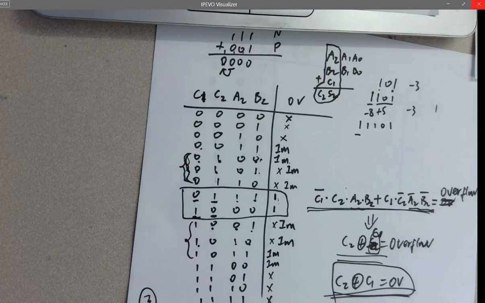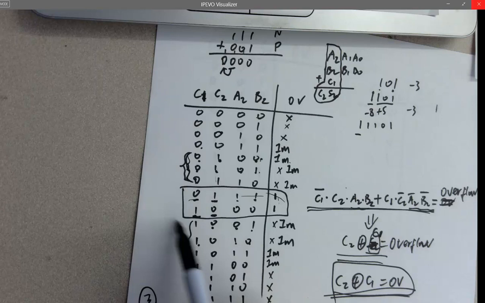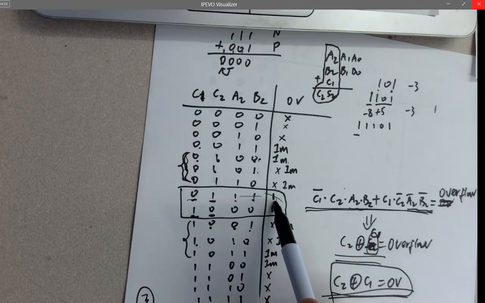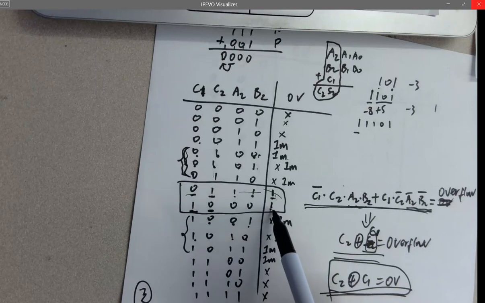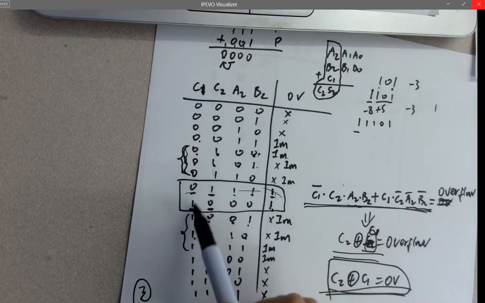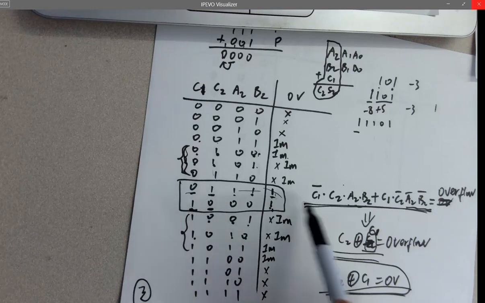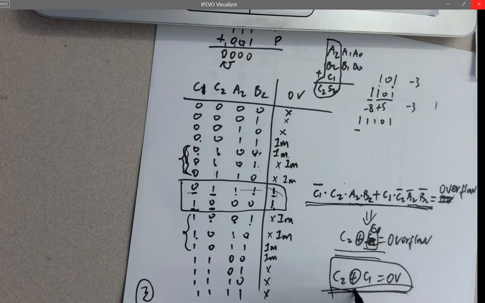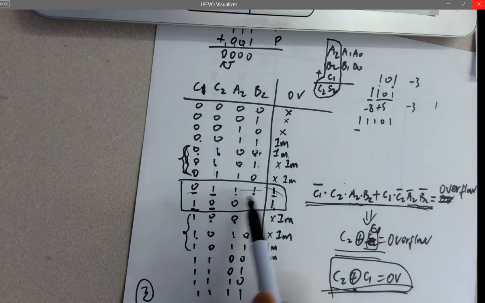So in that case, only these two happen, and you want to give overflow a 1 here, and in those two cases, C1 and C2 are definitely following the XOR logic. So you are thinking, what about A2, B2 here? Do you care about that?